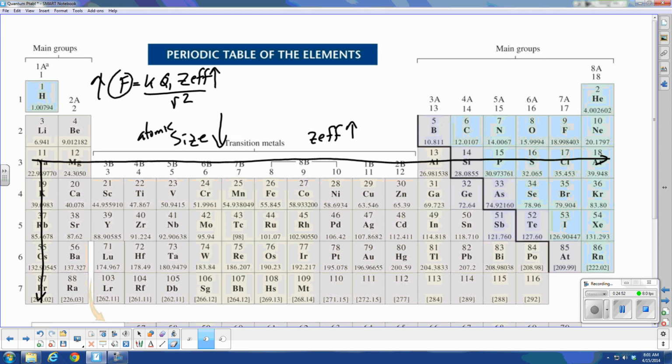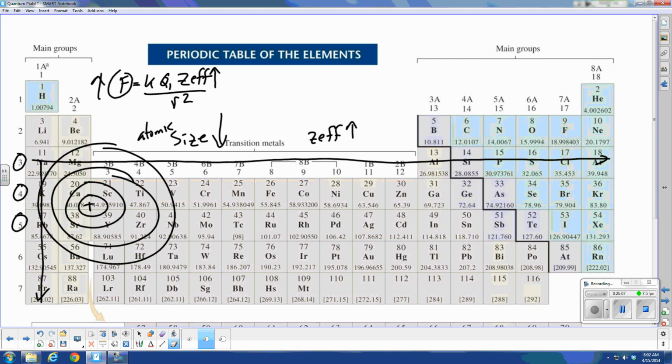Now, as I go down a group, what am I doing? In each of these cases, although my Z effective is going up, I am adding a shell. So here's an electron and another shell and another shell and another shell, roughly. These are not real lines, but that gives us an idea.